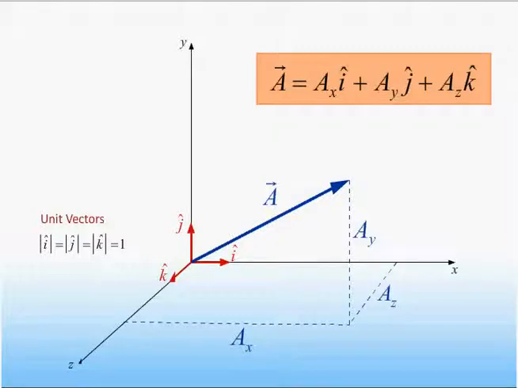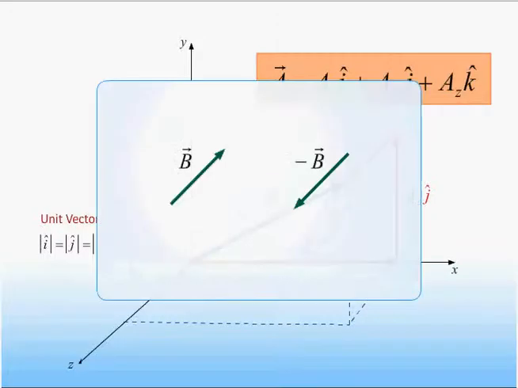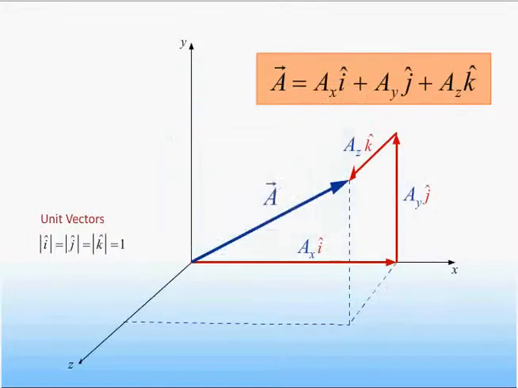Here we have used the fact that multiplying a vector by a scalar is the same as multiplying each of its components by the same scalar, which simply changes its length. Multiplying a vector by a negative scalar reverses its direction.